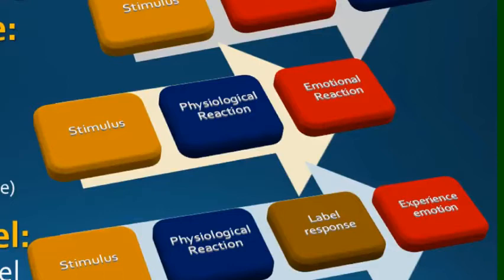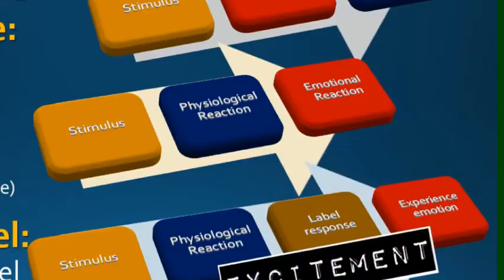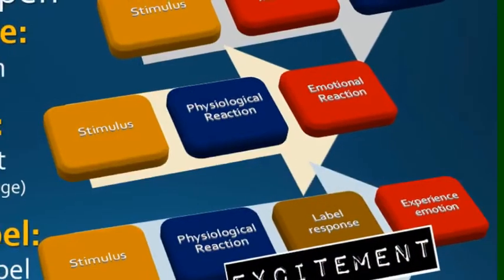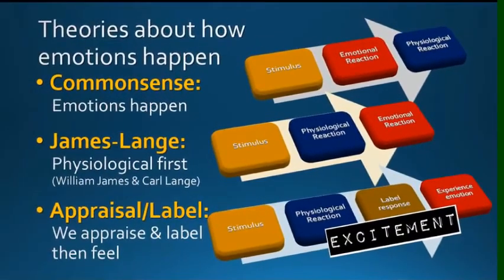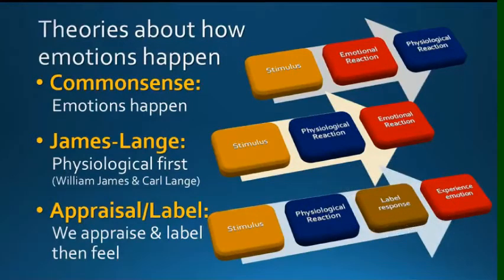In other words, if you label your heart pounding and blushing as nervous, you will feel nervous. If, however, your label is excitement, then you feel excitement. This last approach allows us to have more control over our emotions because what we think is instrumental in what we feel. If we change our thoughts, we can manage our emotions.